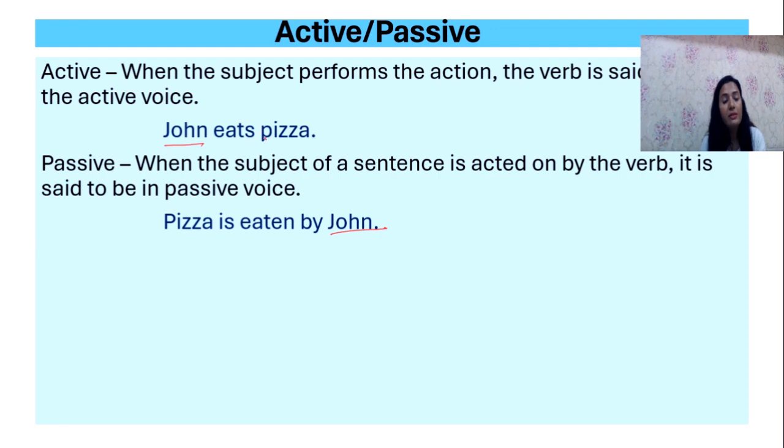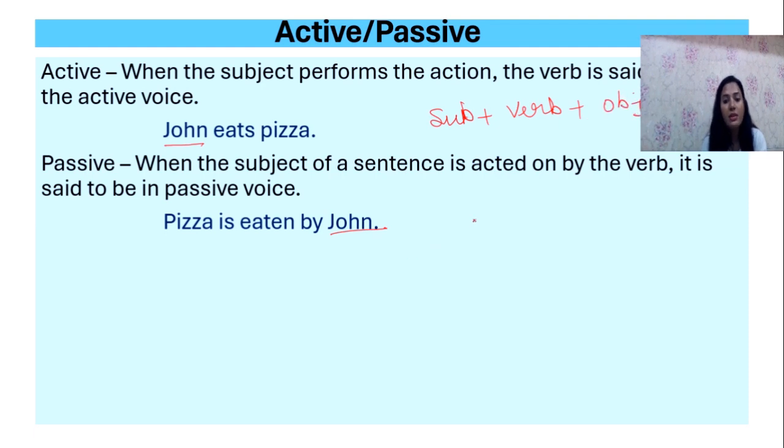So let's understand what is active and why it is active and how to change an active sentence into a passive one. In an active sentence, we always need a subject, verb, and an object.